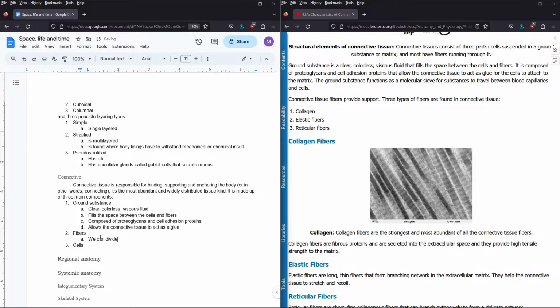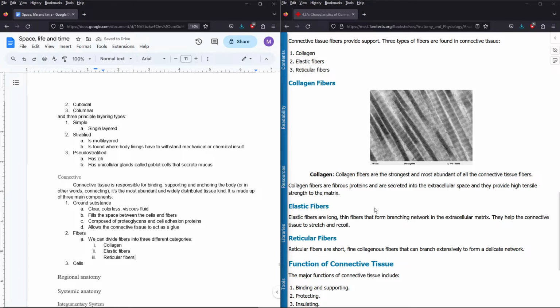We can divide fibers into 3 categories, them being collagen, elastic fibers, that's important, and reticular fibers.